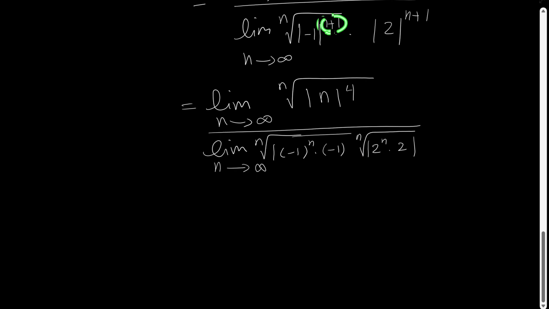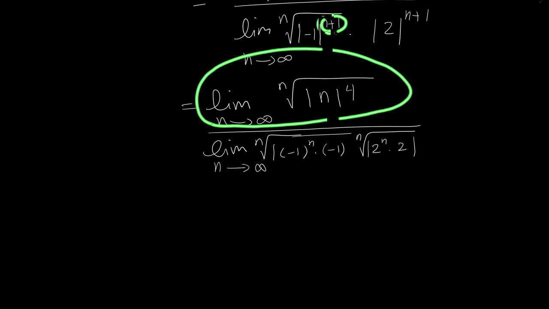Okay, now what we know about the numerator, it's limit of root n, absolute value of n to power 4. n is positive, so you don't need absolute value anymore. And n to power 4 is a polynomial with variable n.